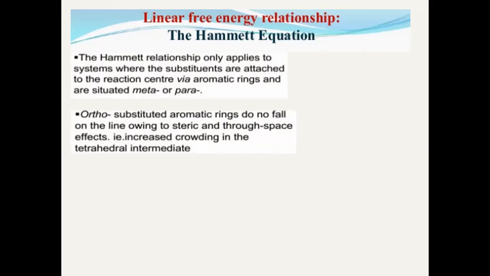And ortho substitution on the aromatic ring is not considered because of steric crowding through space, meaning where the reaction site is, the groups may affect the reaction site because of steric crowding. Therefore, the ortho effect is not considered. Here the ortho group is considered a crowding or steric effect, therefore it is not studied.